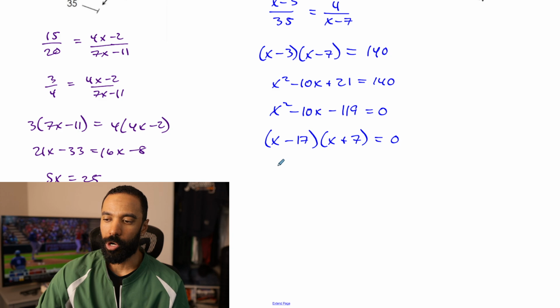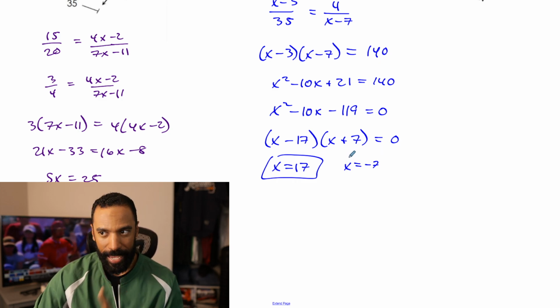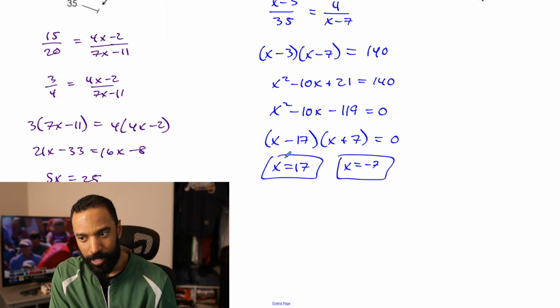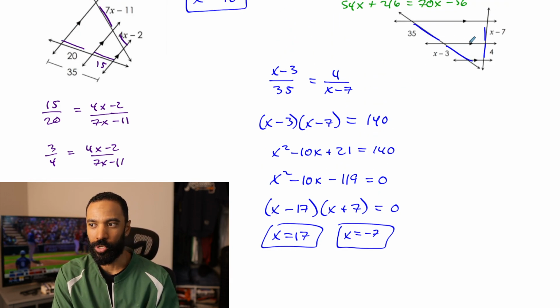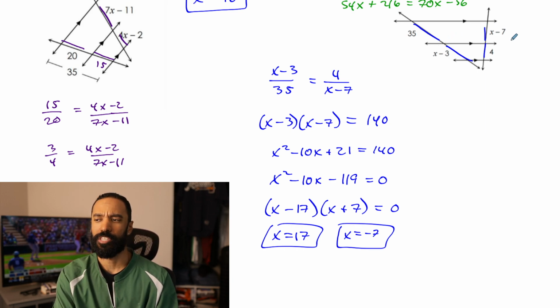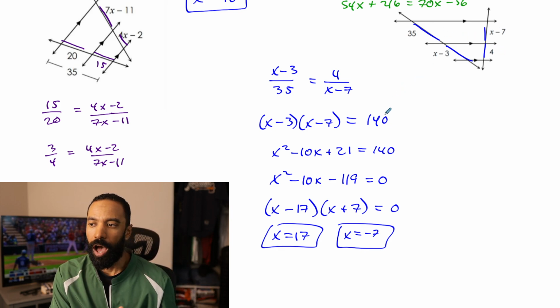All right, so it's zero product property, x equals 17 or x equals negative 7. Now, what I got to check on is if I substitute 17 into x minus 3 and x minus 7, do I get positive numbers out? Yeah, 17 minus 3 is 14, 17 minus 7 is 10, and 14 over 35 equals 4/10.